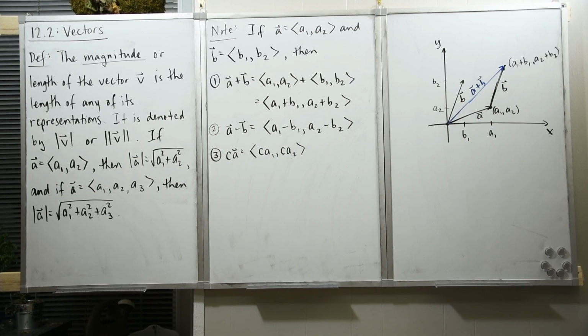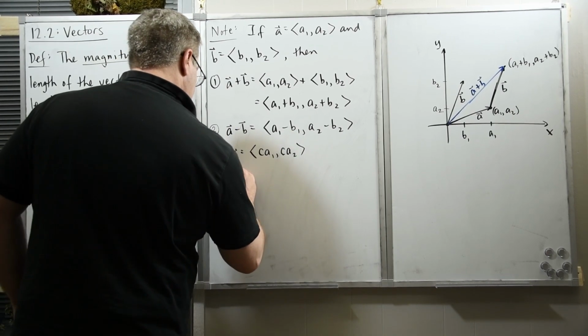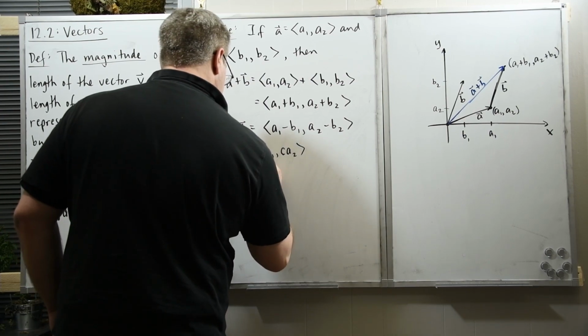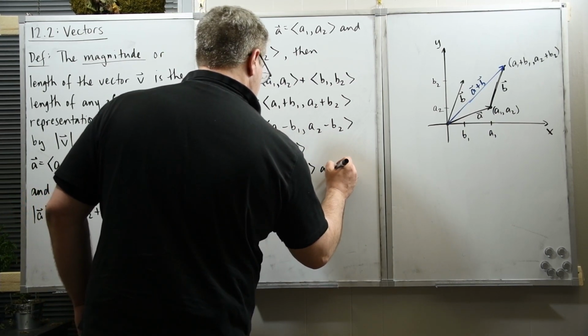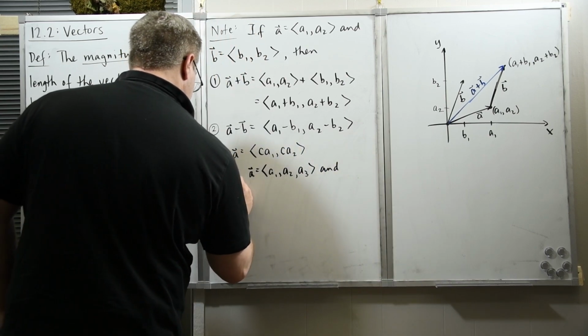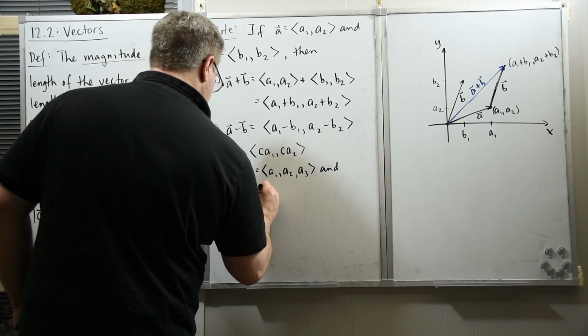Now, we can do the same sort of thing for vectors in three-dimensional space. So if we have A with components A1, A2, and A3, and B has components B1, B2, and B3.